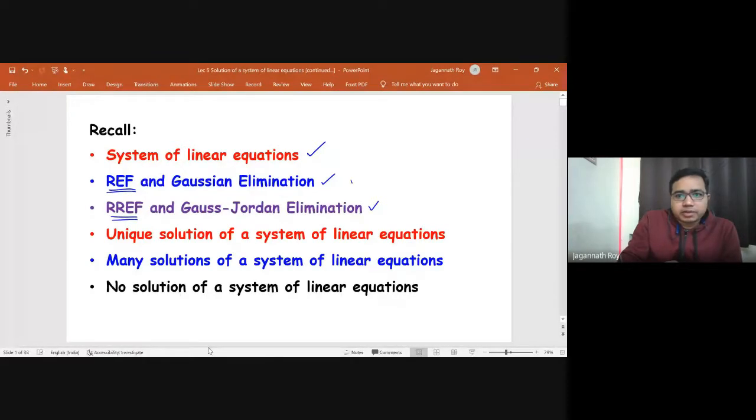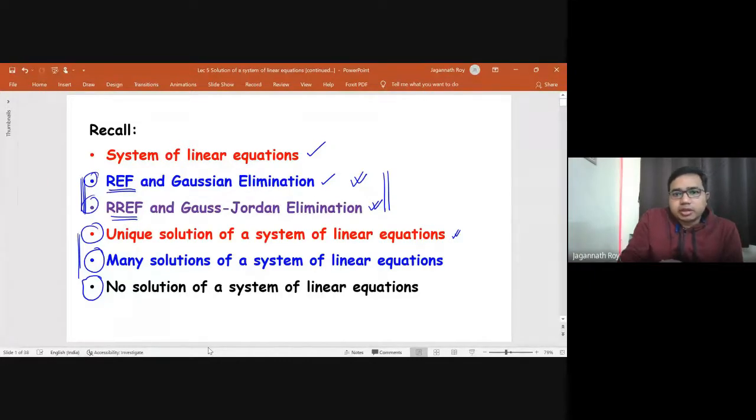Whatever process we use, we have seen how to find one unique solution. If you want to find many solutions or no solution, all three cases can be obtained via either one of these two elimination processes.